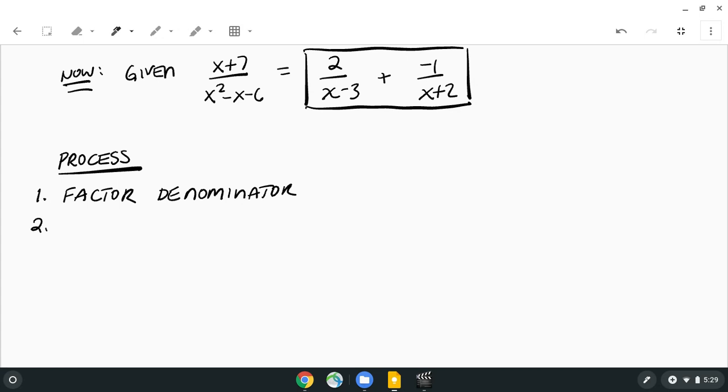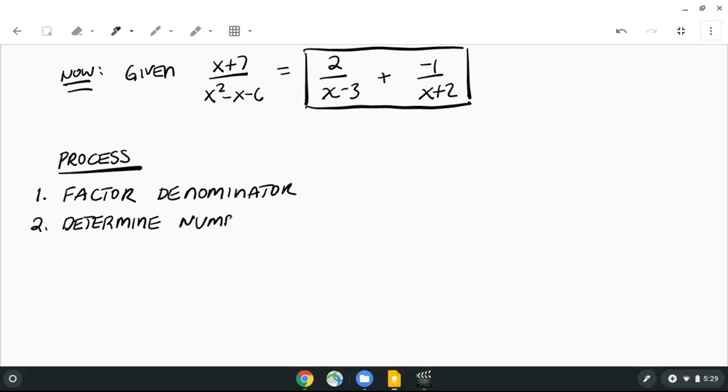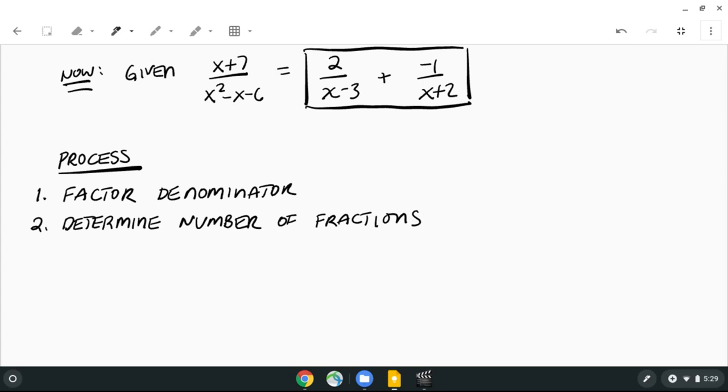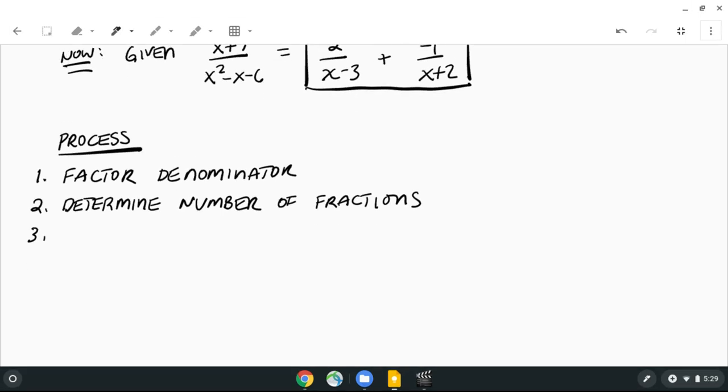And then you determine the number of fractions you're going to need, and I'll explain how you do that. We see in the above example, we added 2 fractions to get that answer. And then we're going to set up the fractions accordingly.